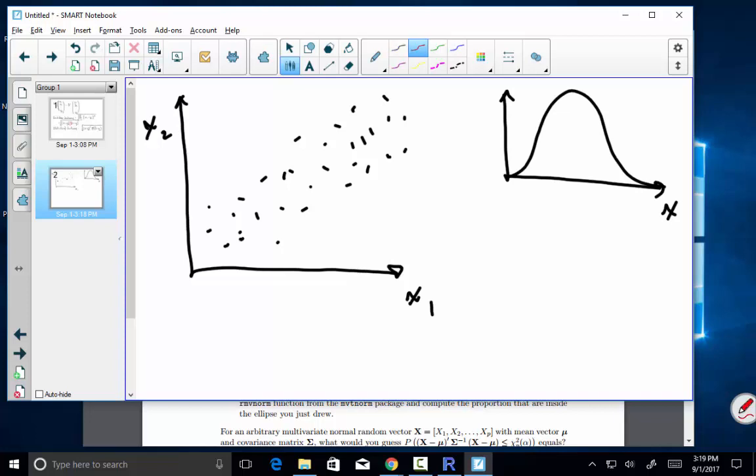If I wanted to know the probability x goes between A and B, for example, I would integrate this function, compute the area under the curve. That's a probability. We're talking multivariate stuff, so we need to think about a generalization of that. That's a one-dimensional probability distribution function.